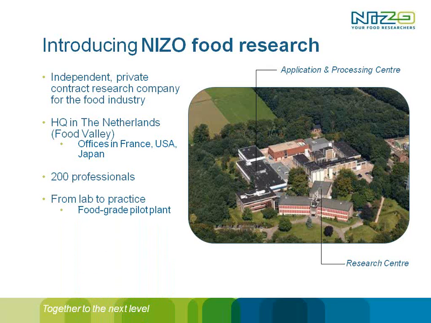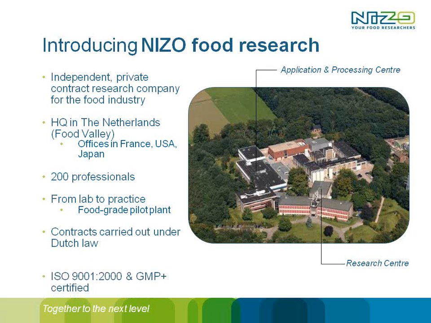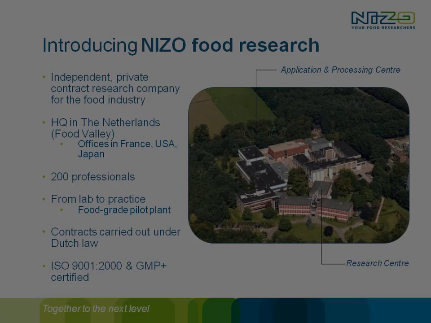And of course, we do that not only at lab scale, but we also carry out experiments in our food grade pilot plant at various scales, with a maximum of 10,000 liters per hour. And finally, we work under Dutch law, and we have all the necessary certificates, for example ISO 9001 and GMP Plus with regard to the feed products we can produce as well.